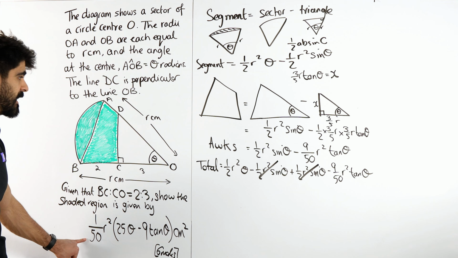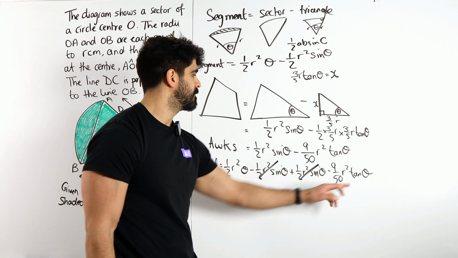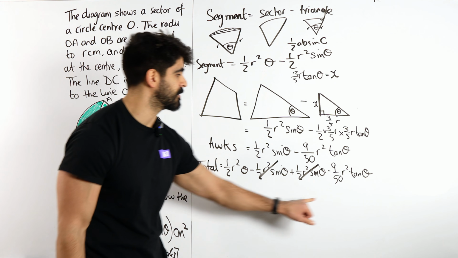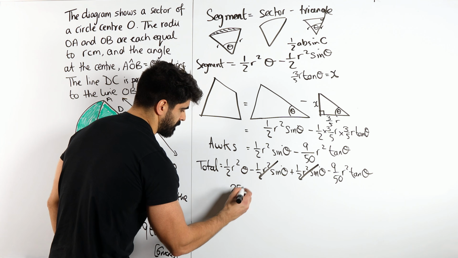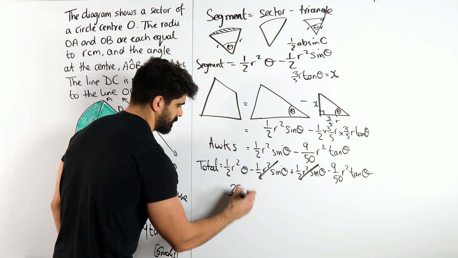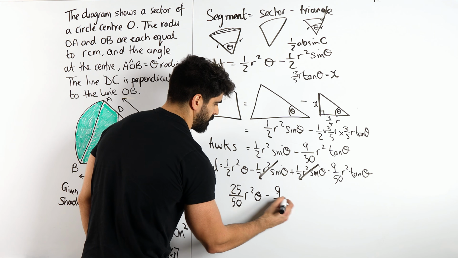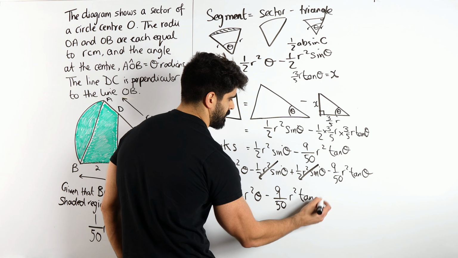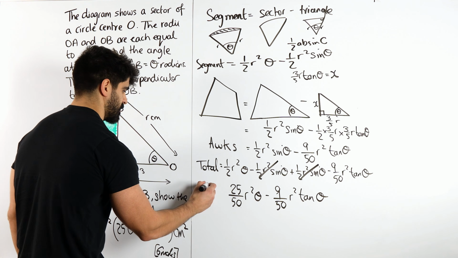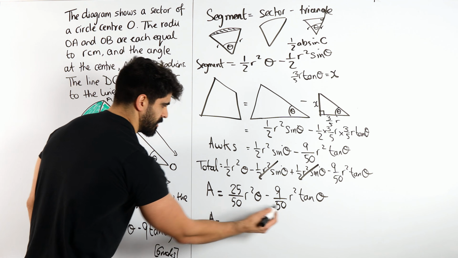Now clearly they've done some factorizing over 50 R squared. They both have R squared, but I need to rewrite this so it has a common denominator, which would be 50. A half is 25 over 50. Then we have R squared theta, then minus 9 over 50 R squared tan theta. I'm just going to call this A.